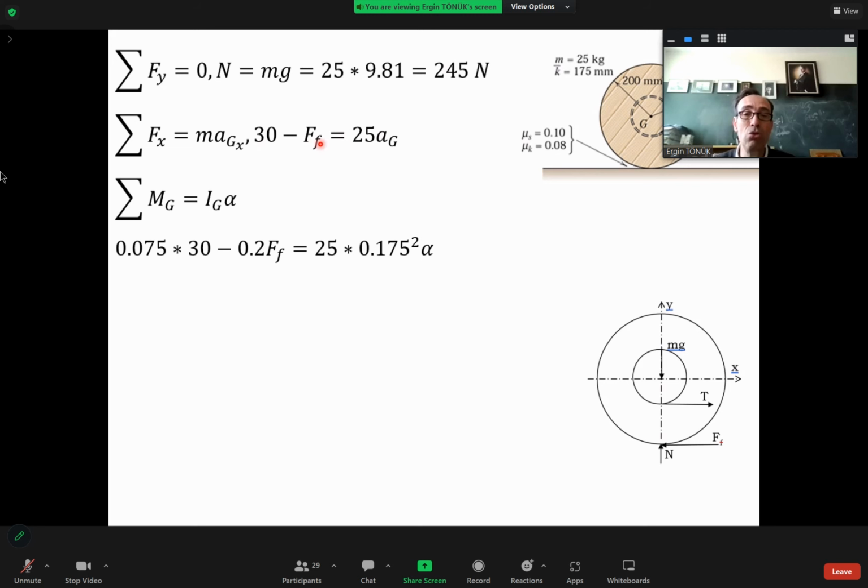So I have two choices. Which one would you choose? Also, remember the coefficient of friction were quite low. The static coefficient of friction was 0.1, kinetic one was 0.08 or 8%. Would you expect slipping or not?